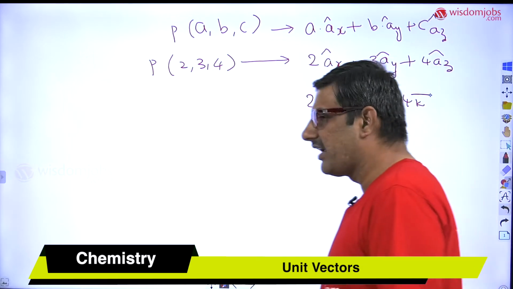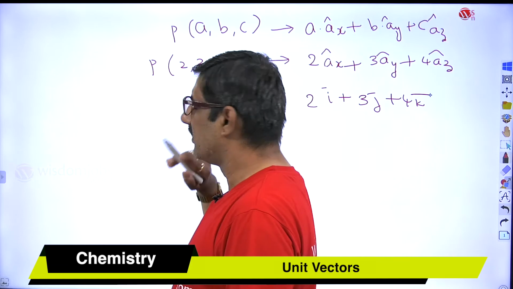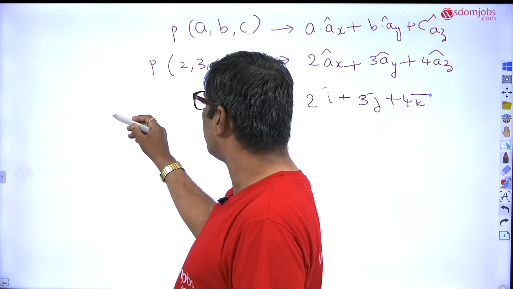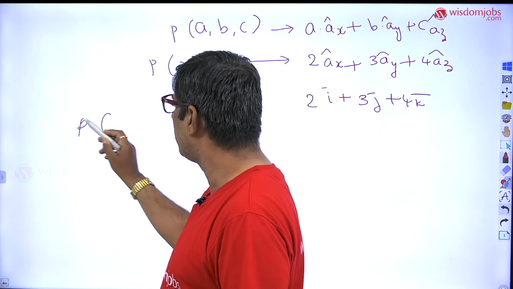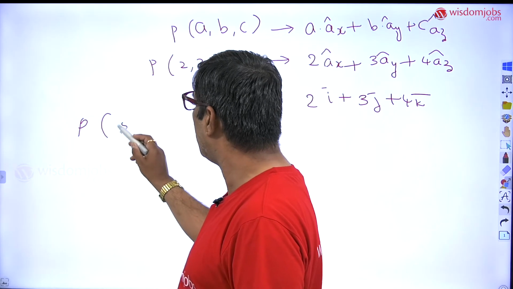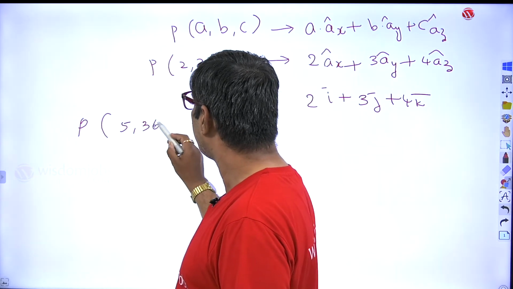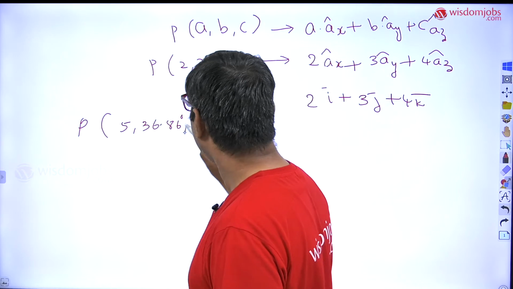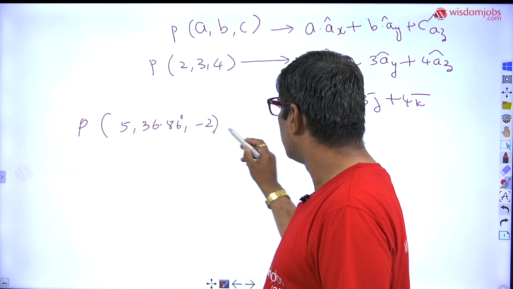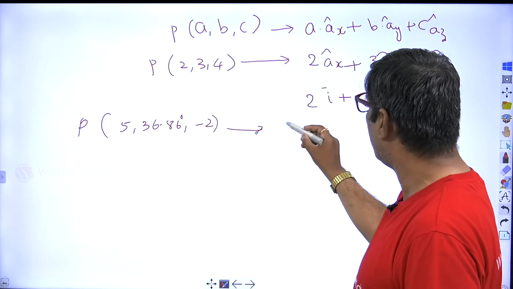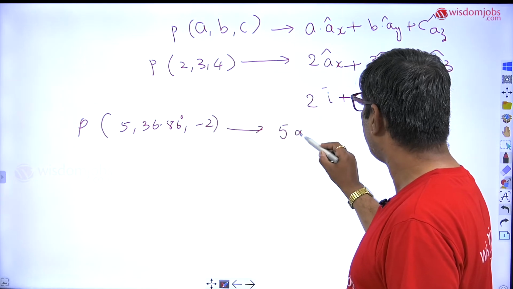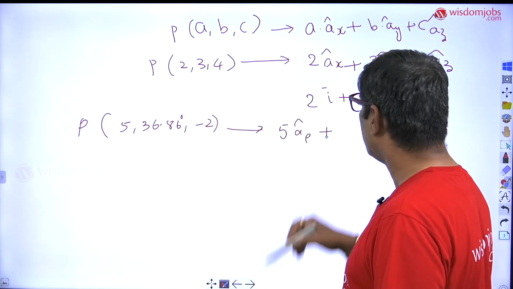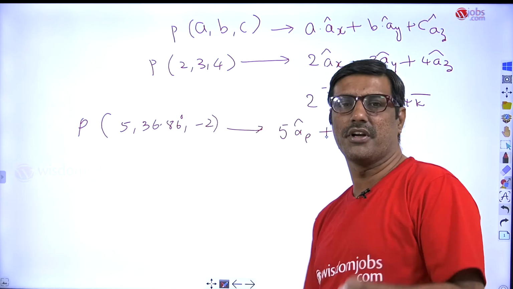Next, let me take one more example in the cylindrical coordinate system. Let me say a point P is written as (5, 36.86 degrees, -2). I can write this as 5 a rho cap. Next, 36.86 degrees, better you convert it into radians.